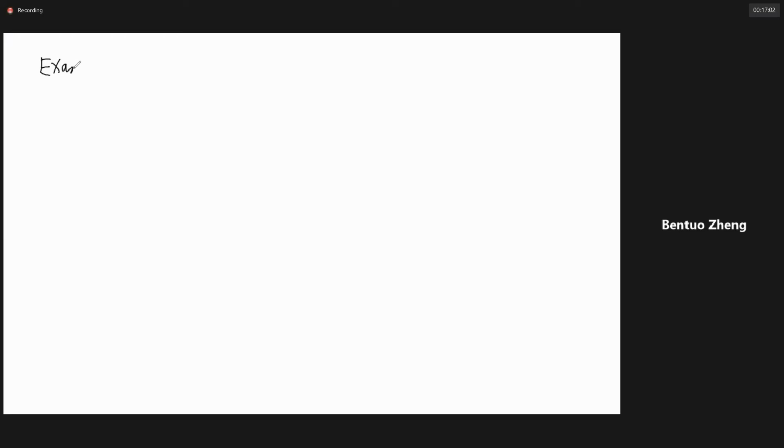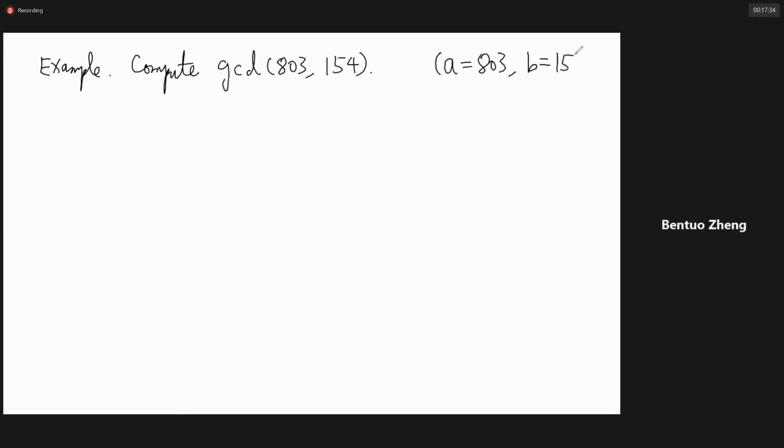Okay, so let's look at an example. How to compute the greatest common divisor of, say, 803 with 154. So you should first remember here our A is equal to 803, B is equal to 154, okay?